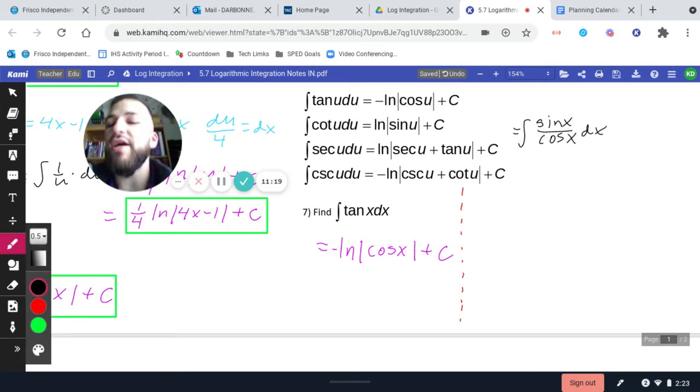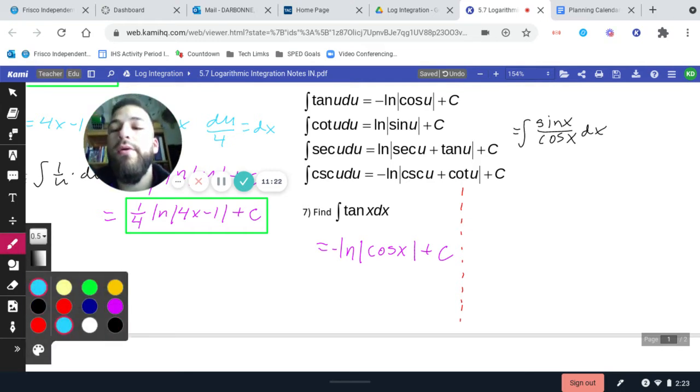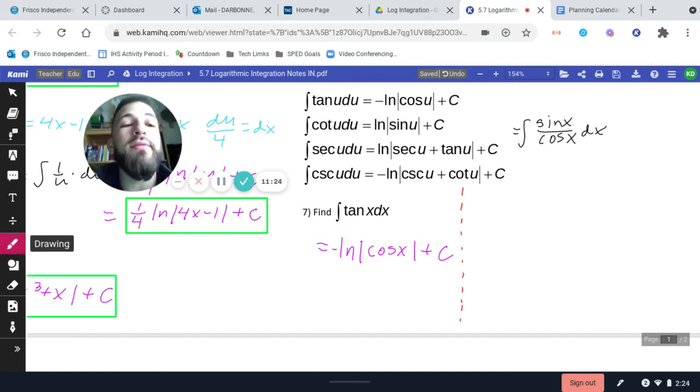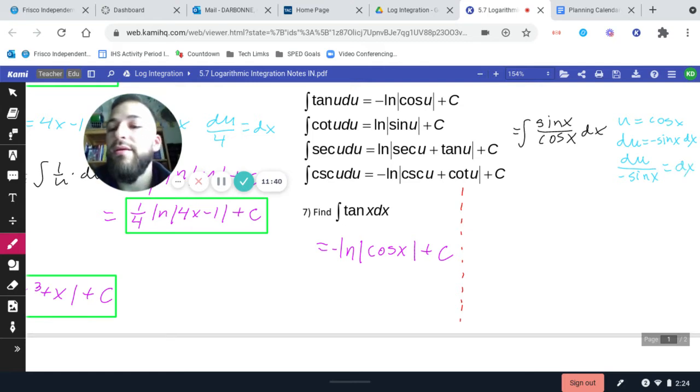So let's go through the full process this time. Let's take our u. So our u would be cosine, which means our du is equal to negative sine dx, which means du divided by negative sine of x is equal to dx. So plugging back in, we get the integral of sine of x over u times du over negative sine of x.